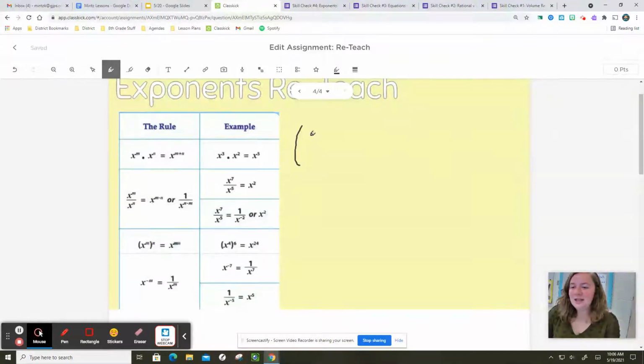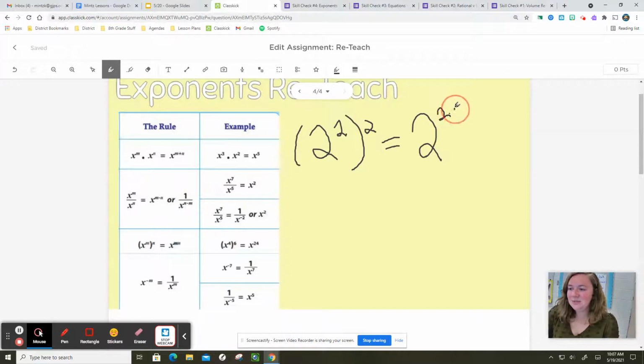So for instance, if I had an example of 2 squared, all squared on the outside, what I'm allowed to do is write it as 2 to the 2 times 2, which is really 2 to the 4th power.